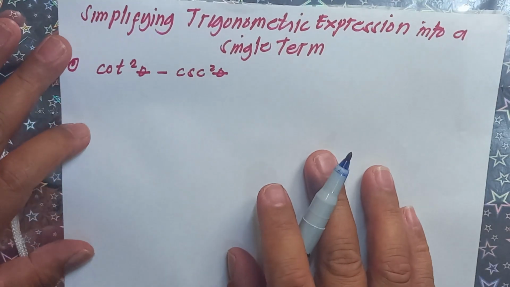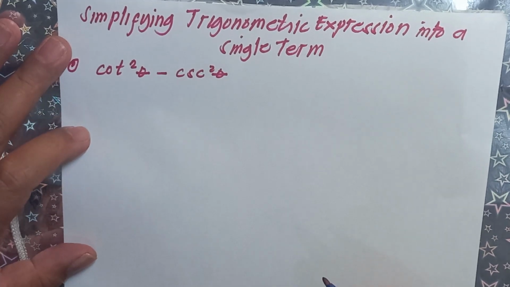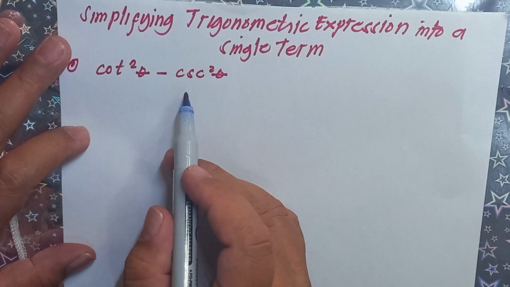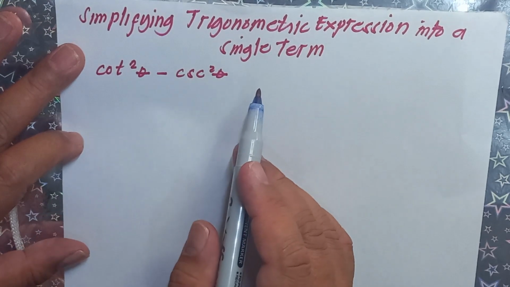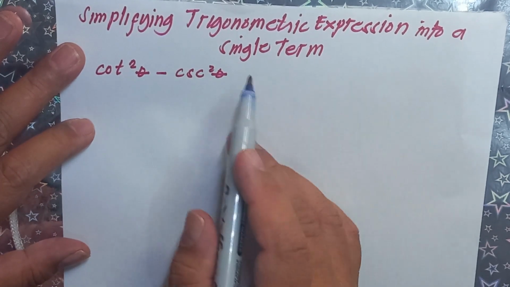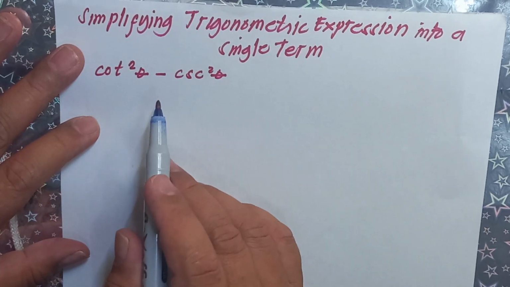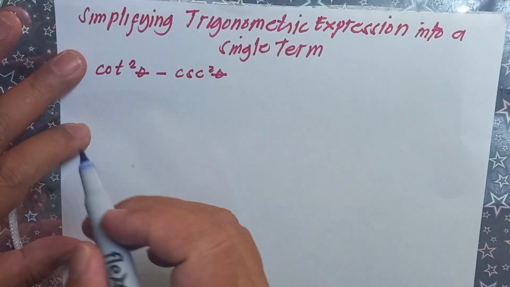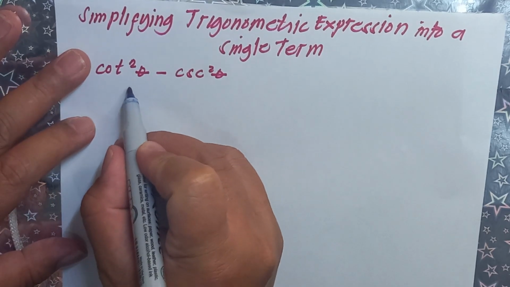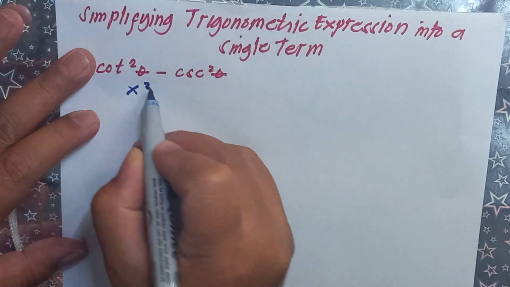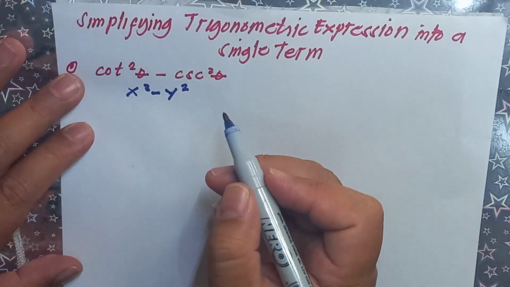The next thing that we're going to have is cotangent squared theta minus cosecant squared theta. Notice that when we put this trigonometric expression into a single term, it follows a rule in algebra, which is the difference of perfect squares, the same as x raised to 2 minus y raised to 2.